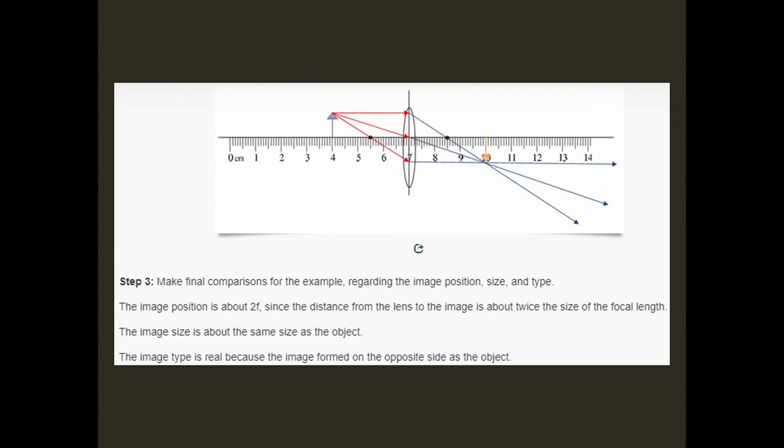The first one that is right at the top at first is parallel to the principal axis. Then when it interacts, it goes to the focal point. The second one does not change direction. It just goes from the object to the center of the lens and it continues. And the last one, of course, goes from the object to the first focal point. It interacts with the lens, and then it becomes parallel to the principal axis that we have right there.